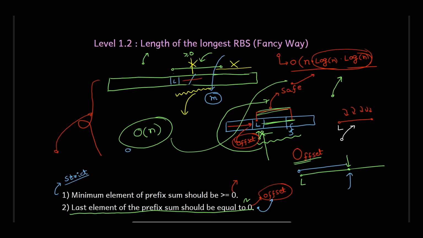O of n and O of n log square n doesn't really make that big of a deal, to me at least. But in fact, it is possible to reduce the time complexity to just O of n log n. And this is another level of understanding that you need to have about segment trees to do that.